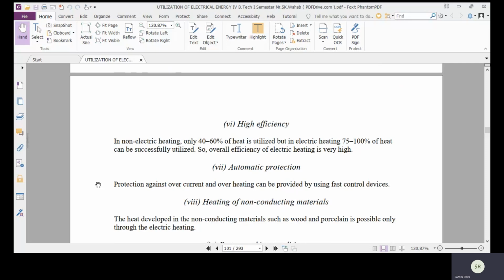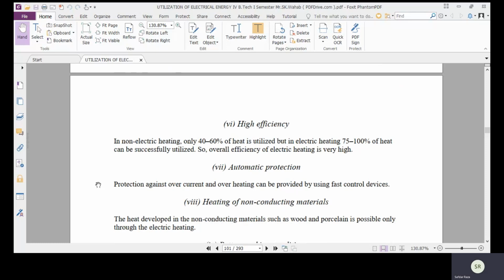The next one is automatic protection. Protection against overcurrent and overheating can be provided by using fast control devices. So the next advantage of electric heating is that we can automatically protect the equipment, we can automatically protect the personnel from any unavoidable circumstances.